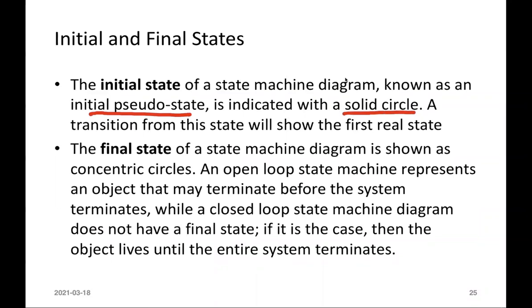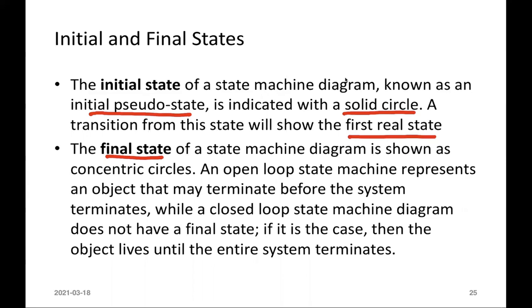And a transition from such an initial state will always show the first real state of such an object. On the other hand, the final state of a state machine diagram is always shown as concentric circles, or the bullseye. An open loop state machine, if we do have a state machine that has an open loop, represents an object that may terminate before even the system terminates.